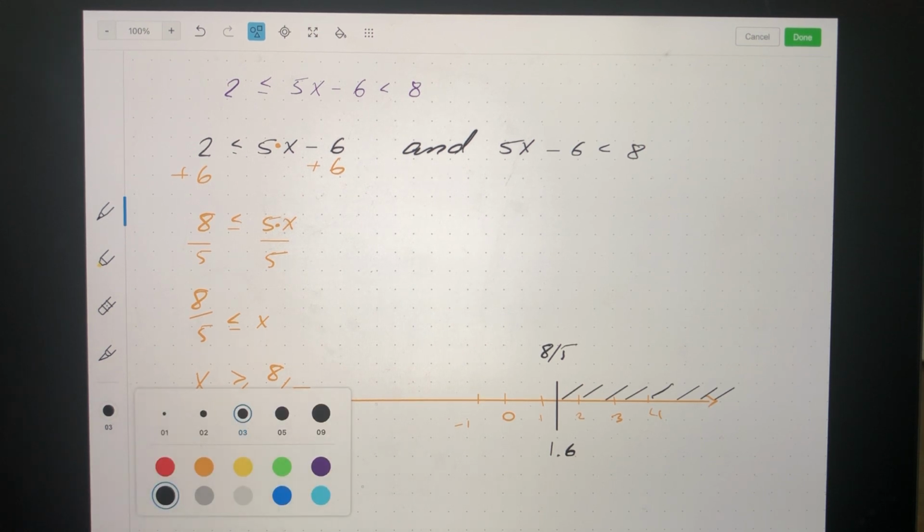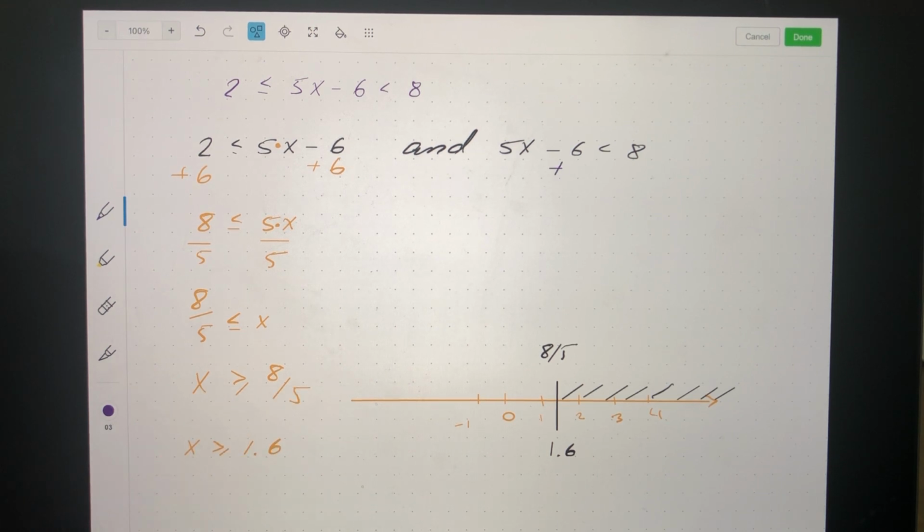Now the solution to the second half. We start with adding 6 once again. We get 5x less than 14, and dividing both sides by 5, we get x less than 14/5. 14/5 is 2.2, so somewhere here is 2.2. The first inequality has an equal sign, which means it's included, so it's a bracket.